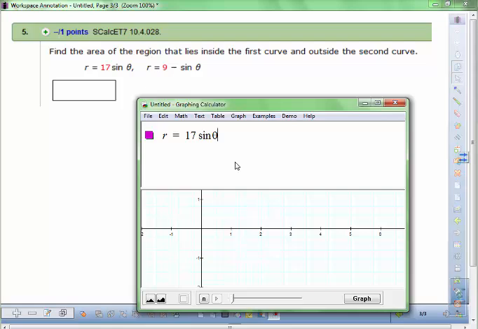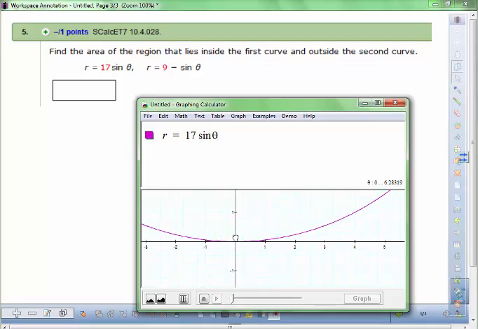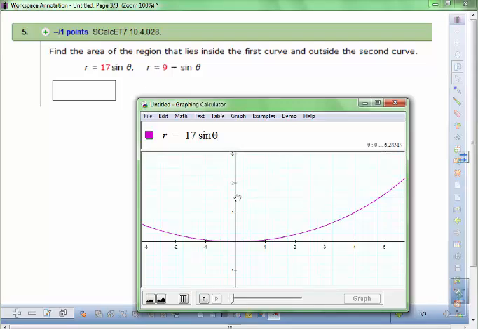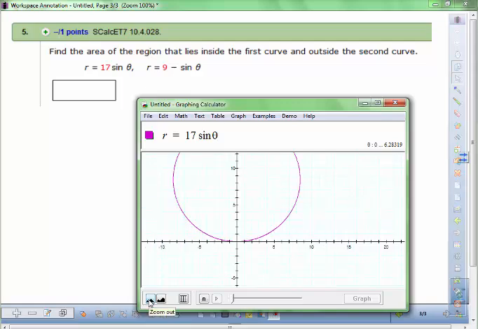The other half is trying to figure out what the limits are. So this is that circle over here that will have radius, I believe the radius is going to be half of 17. Or maybe, yeah, so it touches at 17, so the radius is half of 17.